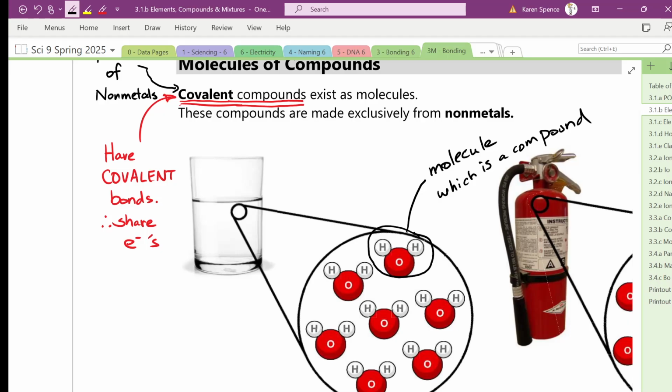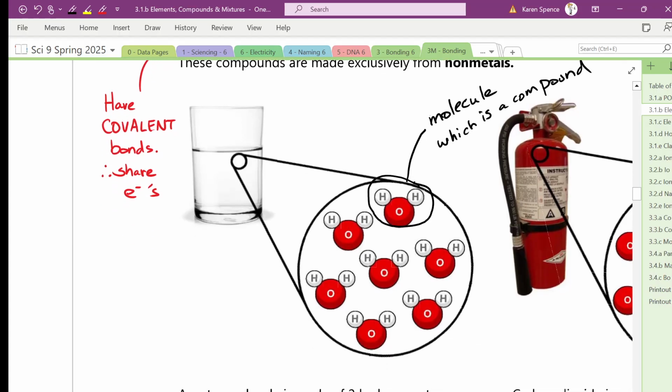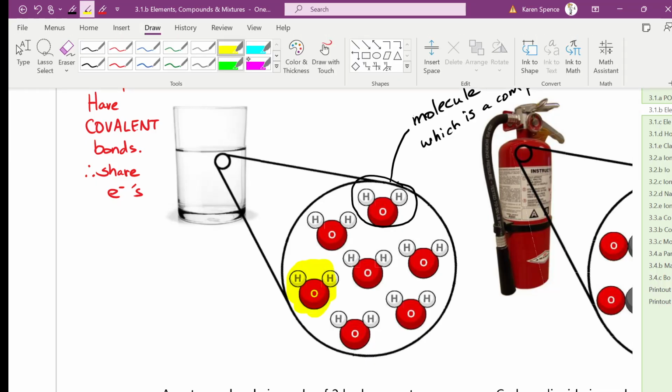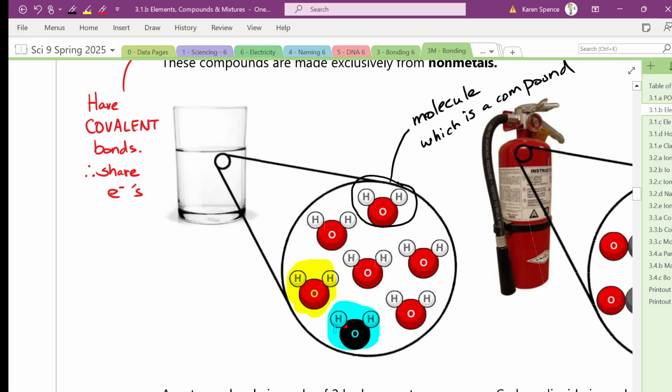And I'm going to introduce another new term. Are there any particles in here that are different from one another, or are all the particles the same? Here's a particle. Here's another particle. Here's another particle.